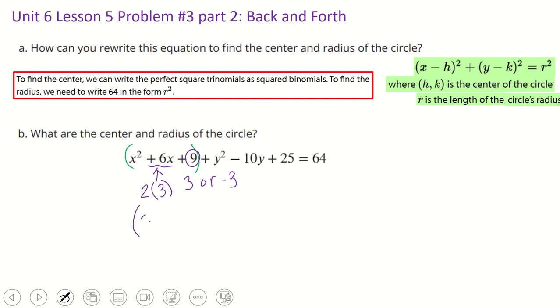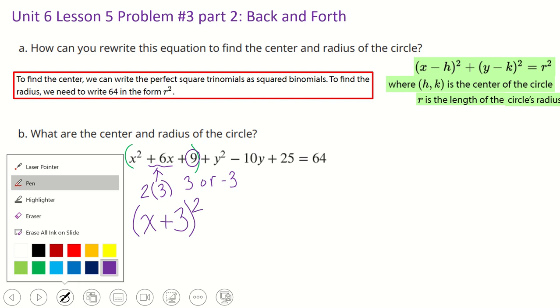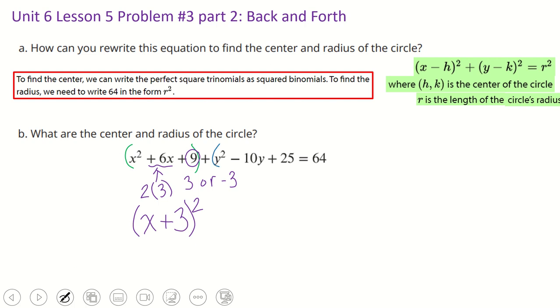So when I write this out as a squared binomial, it's going to look like this, the quantity x plus 3 squared. Now, don't forget, you can always go back and do the area model to make sure that when you simplify it, it does give you x squared plus 6x plus 9. We're going to do the same thing over here with this one.